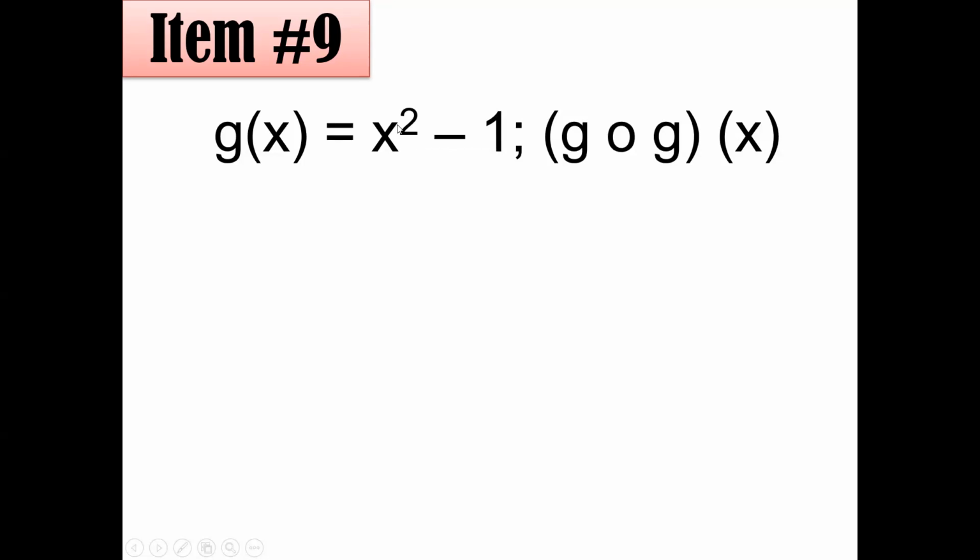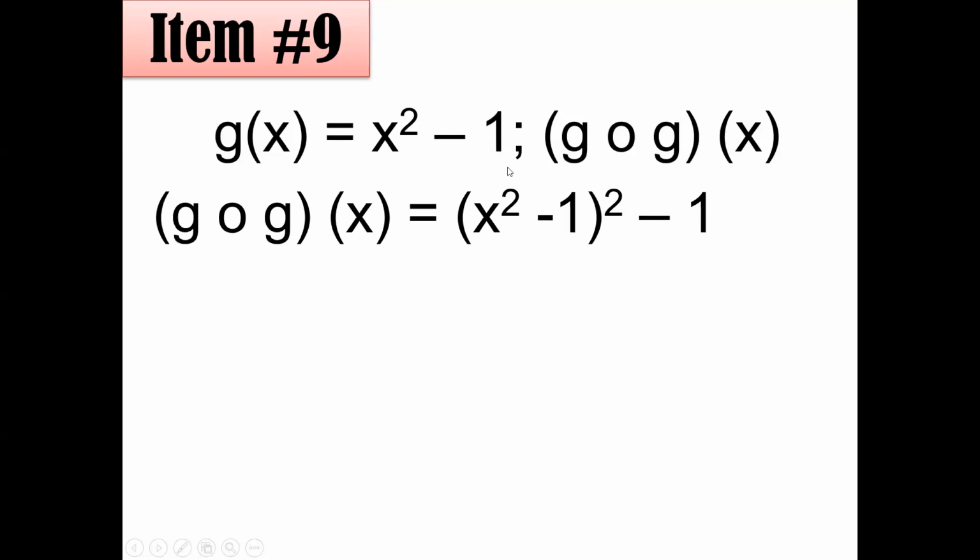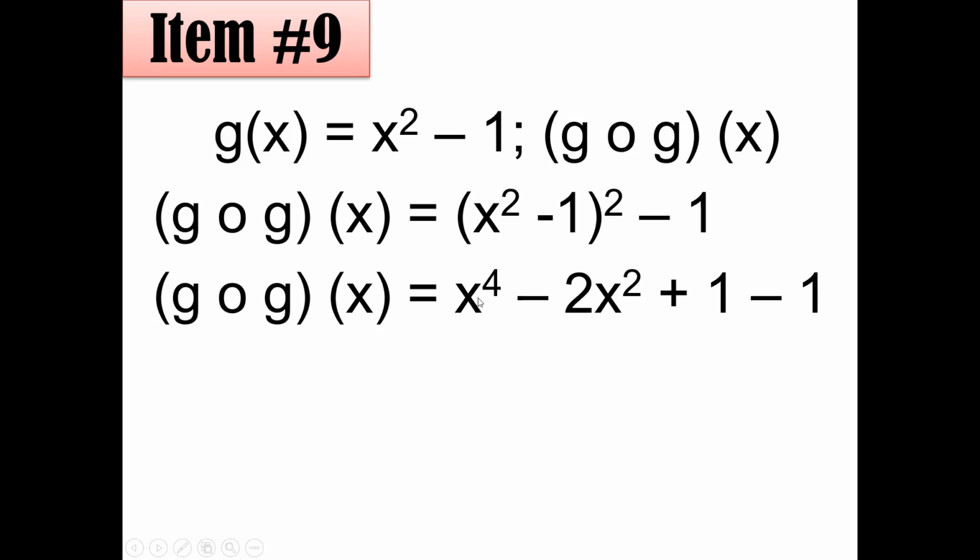That's why this x will be replaced by x squared minus 1 as a whole. So you have the quantity x squared minus 1, squared, minus 1. The square of this binomial is x to the 4th: square the first term, x to the 4th.